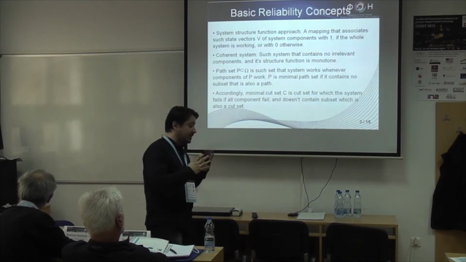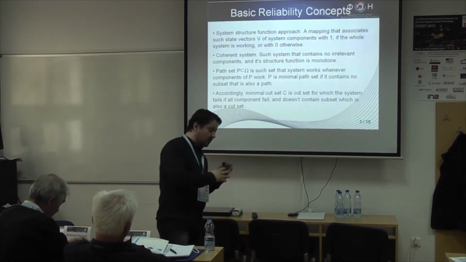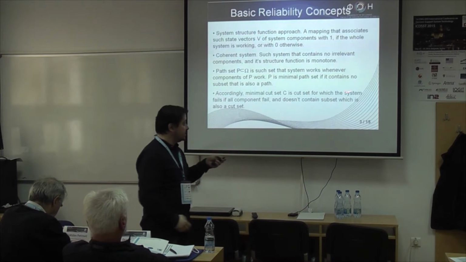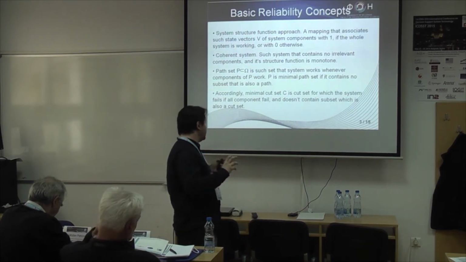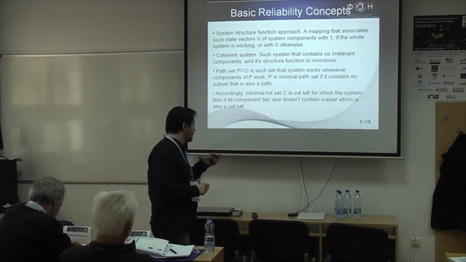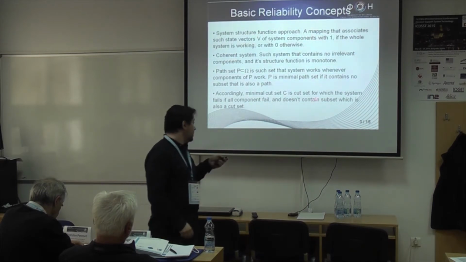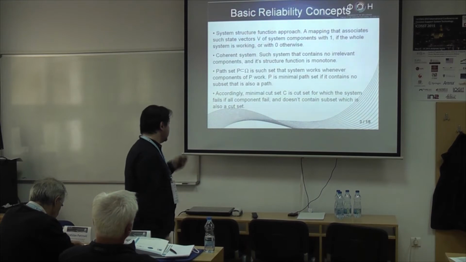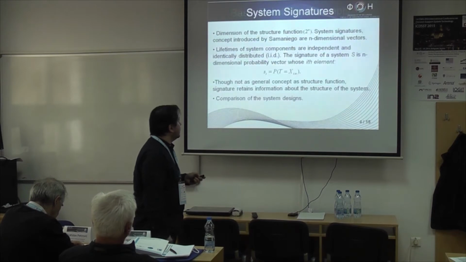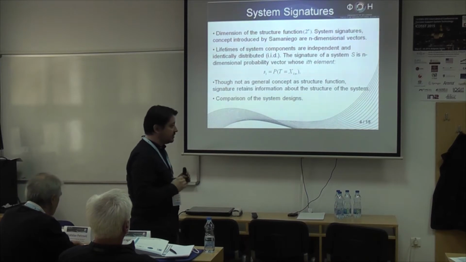A minimal path set is such a path set that contains no other subset of components for which the system is also working. Accordingly, a minimal cut set is a set such that the system fails when all the components within that subset have failed. And a minimal cut set does not contain any subset which is also a cut set. The next concept is system signatures.